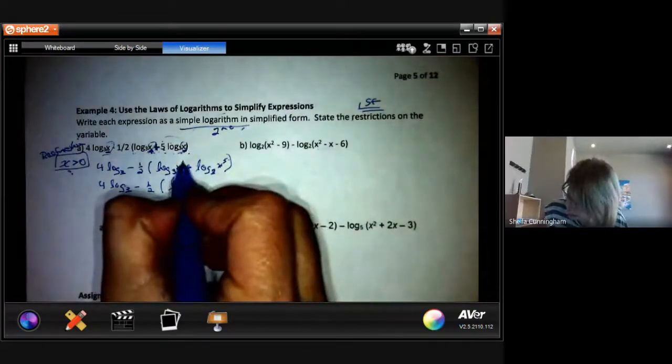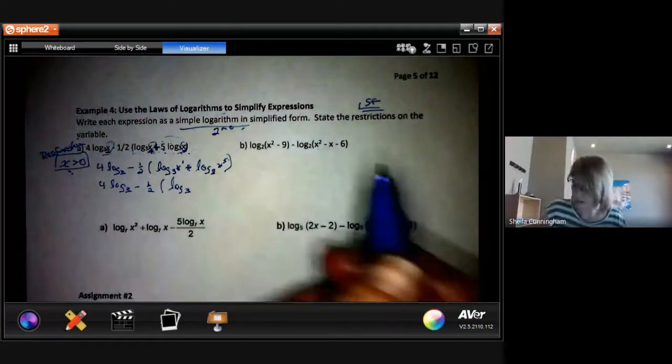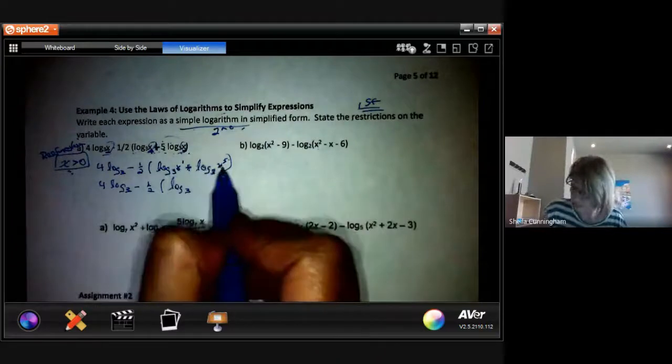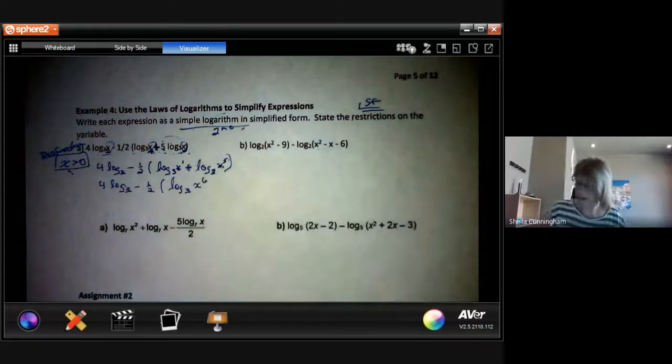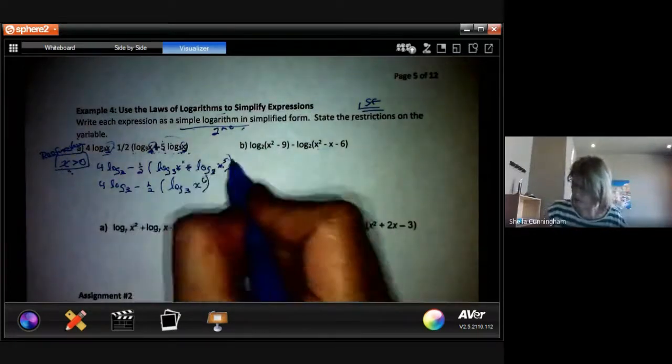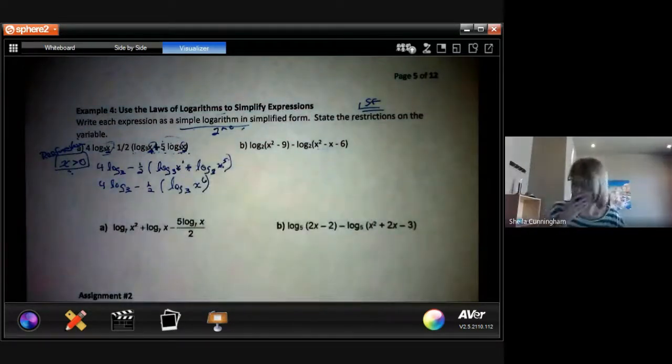Treat the x like an x to the power of 1, right? I'm multiplying same bases together, which means I'm going to add my exponents. 1 plus the 5 is going to give me the 6. Okay, now what?